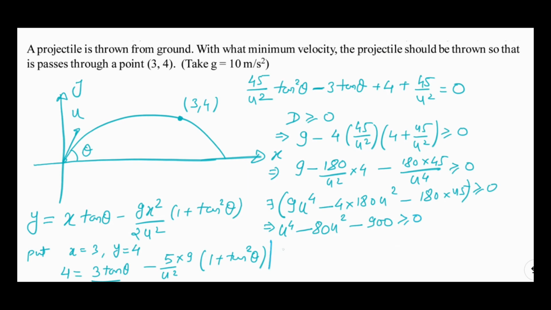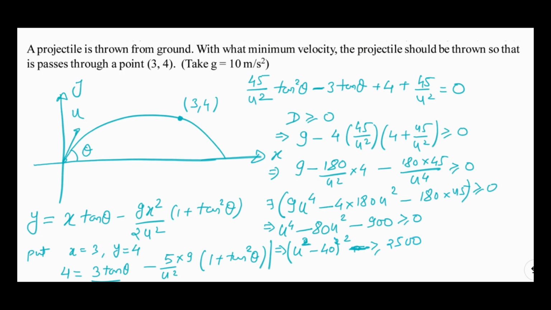I can further solve this equation. I can write it as u square minus 40, the whole square, since 2 into 40 is 80, and there will be a term of plus 1600, so I subtract 1600 from this 900. So I will get minus 2500, and when I take it to the LHS, this is greater than or equal to 2500.